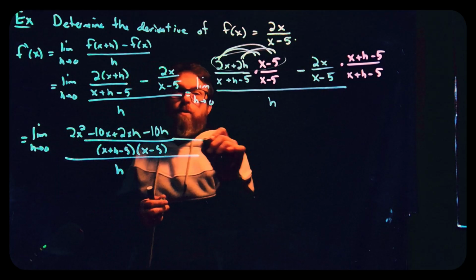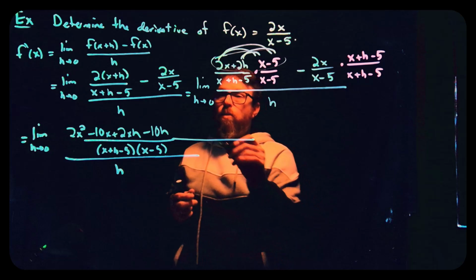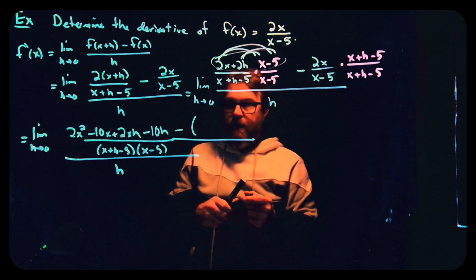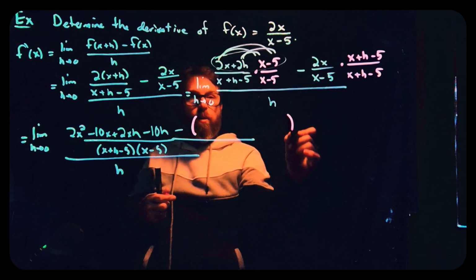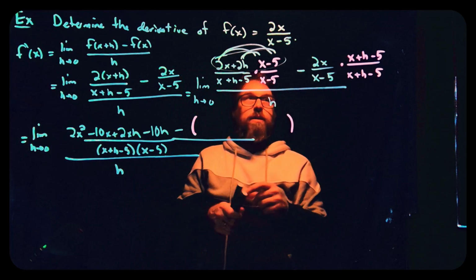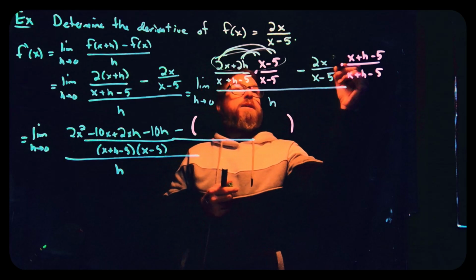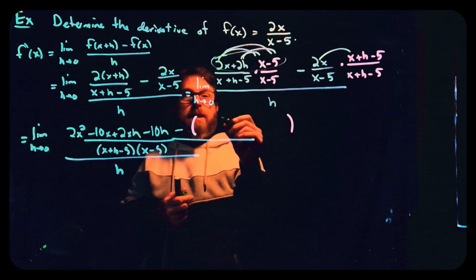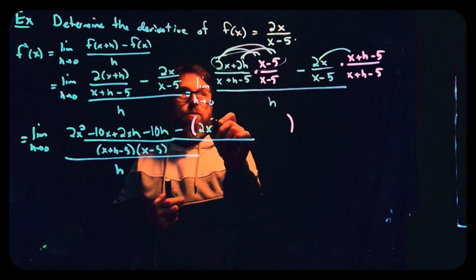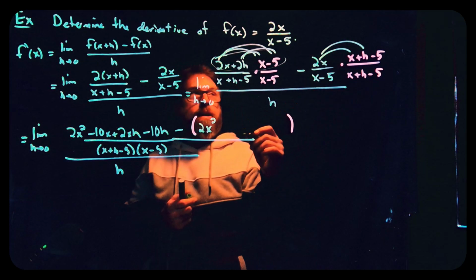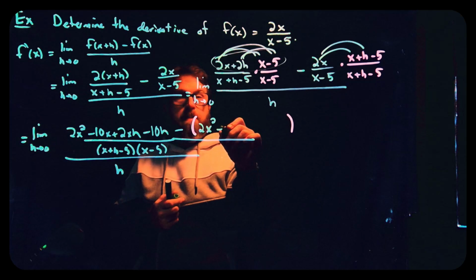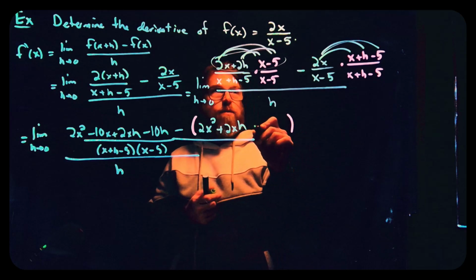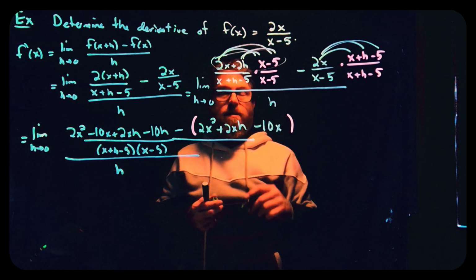Now we have to be careful for this. We're going to have to subtract off, and you'll always want to have parentheses here when you're doing this subtraction. So when I multiply this monomial times this trinomial, we're going to have 2x times x, which gives us a 2x squared. Then I'm going to have a 2xh, and then a 2 times minus 5, which is minus 10x.